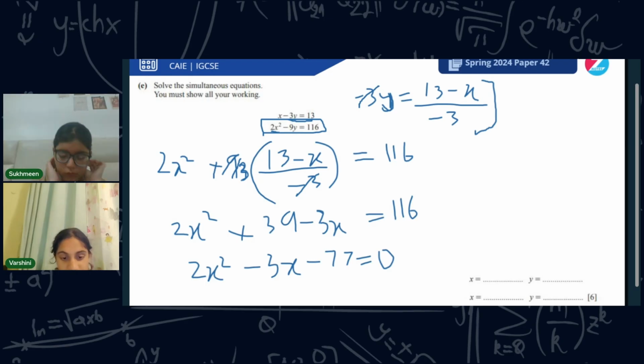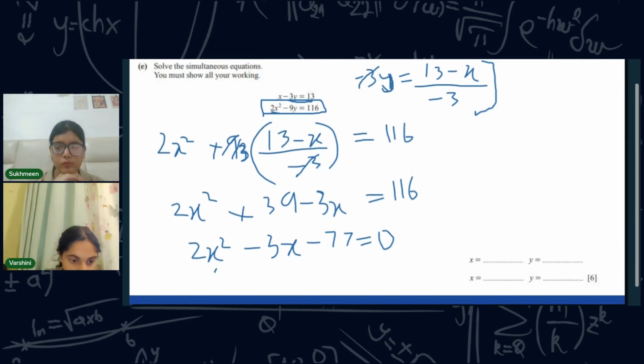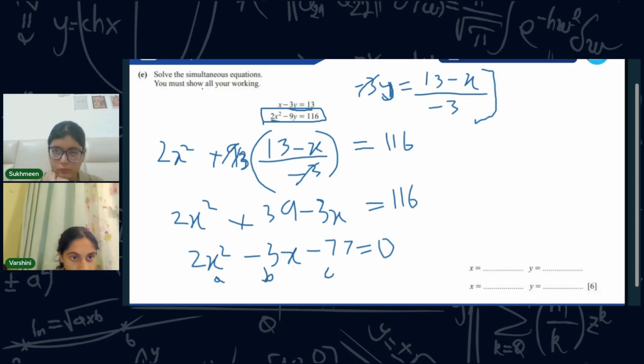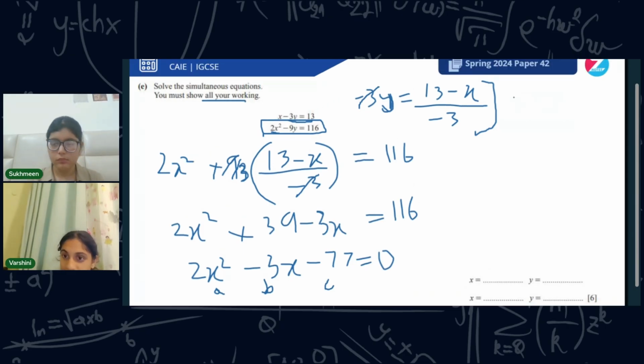So now we have this in the form of a quadratic equation, a, b, and c. And remember, they want us to show all our working. And we know for any quadratic equation, the value of x is going to be minus b plus or minus the root of b squared minus 4ac, and divide the whole thing by 2a.